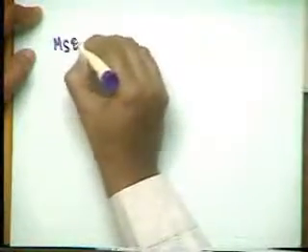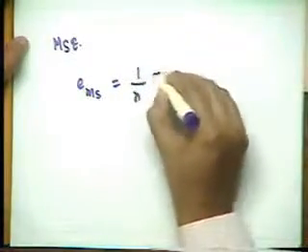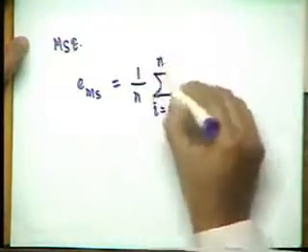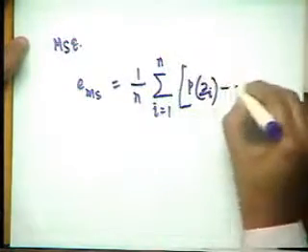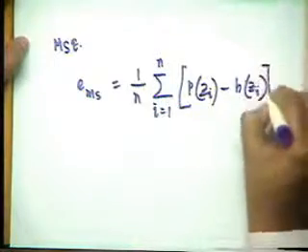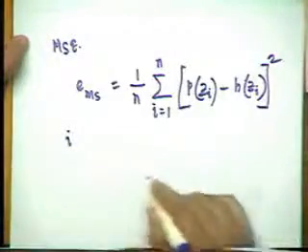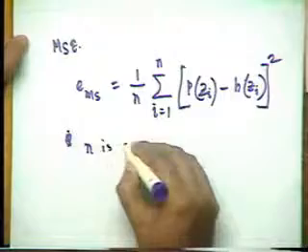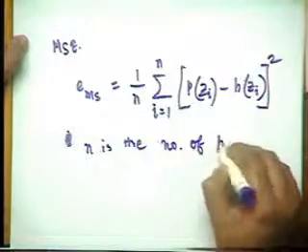But still, for the sake of completeness, we can have a look at this expression, the mean square error EMS, which is equal to 1 upon n, summation i equals 1 to n, Pzi minus Hzi, this expression squared, where i is an index and n is the number of points in the histogram.